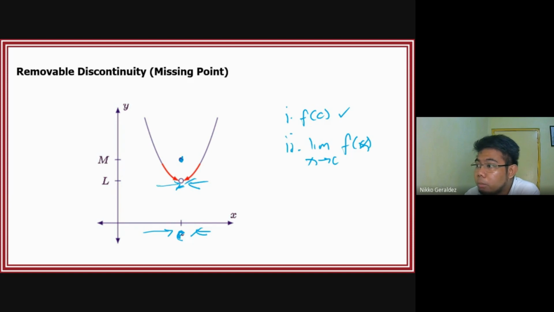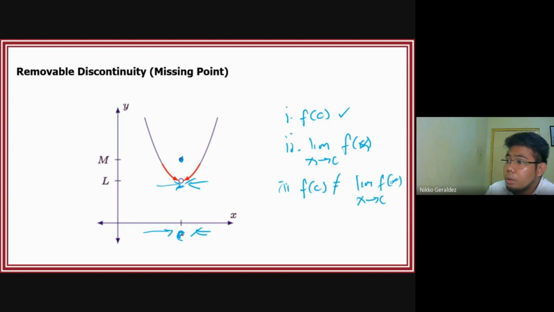Pero, mag-fail siya sa condition number 3. f of c is not equal to limit of f of x as x approaches c, kasi yung f of c mo wala doon sa point of discontinuity. So, ganun po ang removable discontinuity. Mag-fail at condition 3. So, that is the first type.